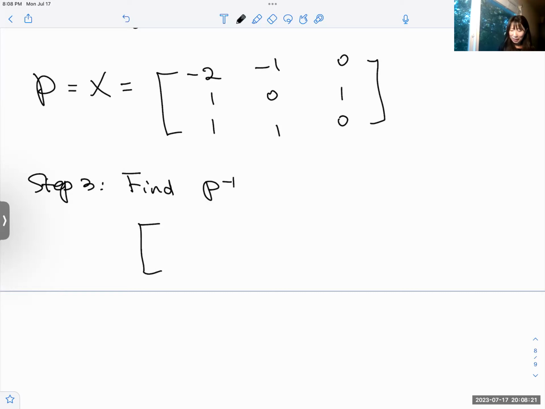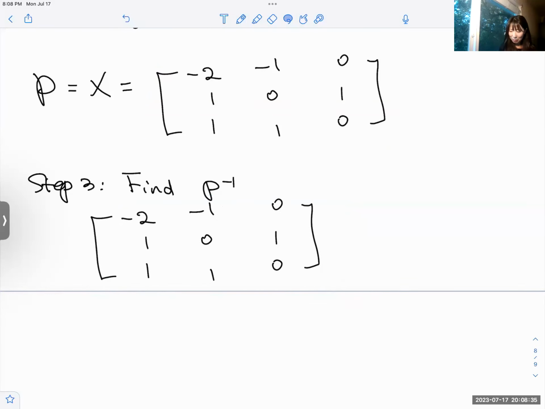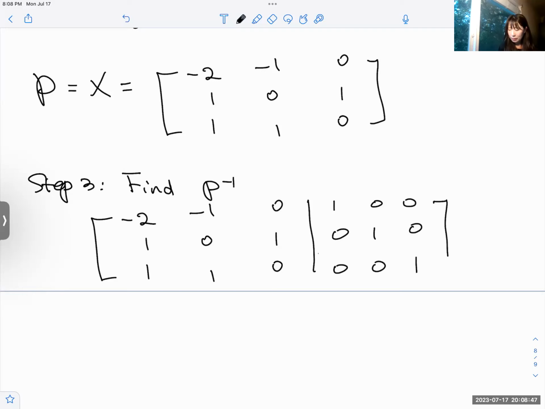So he was using that. And this 1 0 0, 0 1 0, 0 0 1.